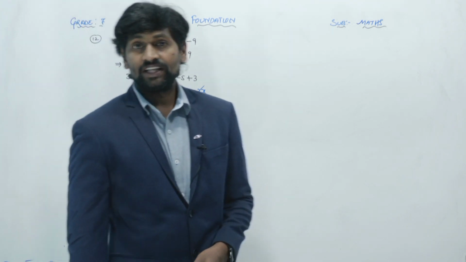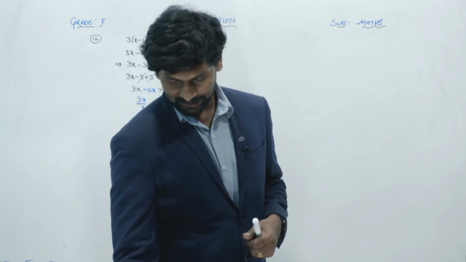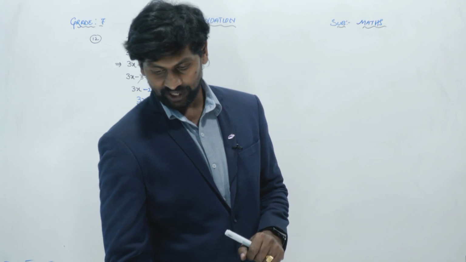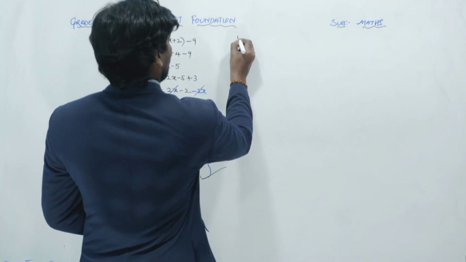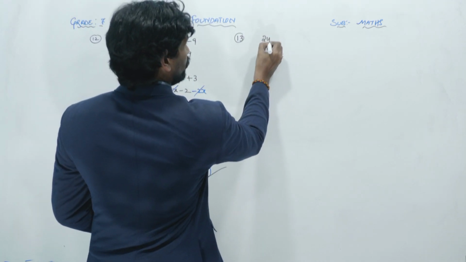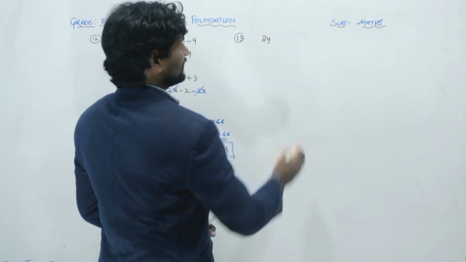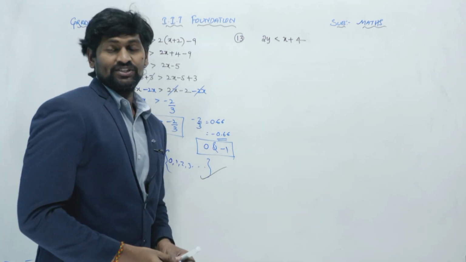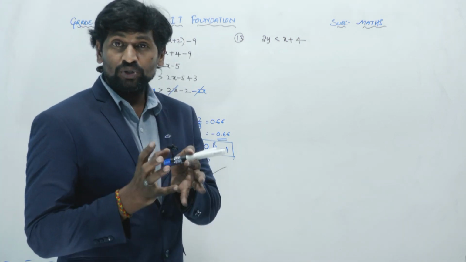Let us move on to the next problem. Find the point which satisfies the inequation 2y less than x plus 4. We need to go through the options.